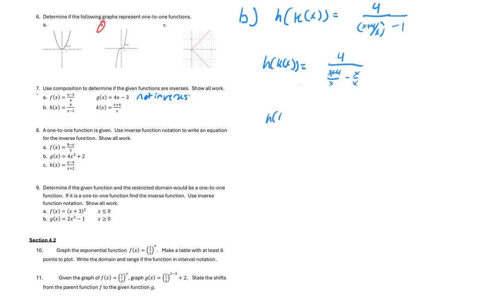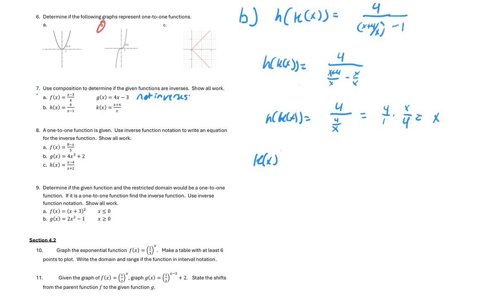So then we'll get h of k of x is equal to 4 over x, which will equal 4 over 1 times x over 4, which is equal to x.